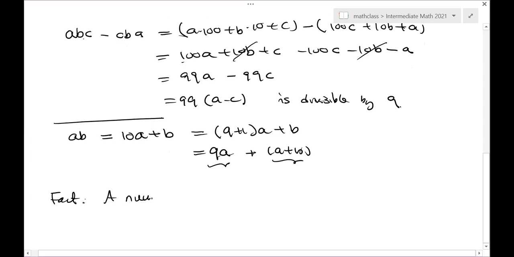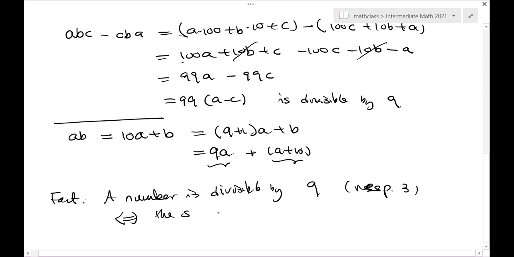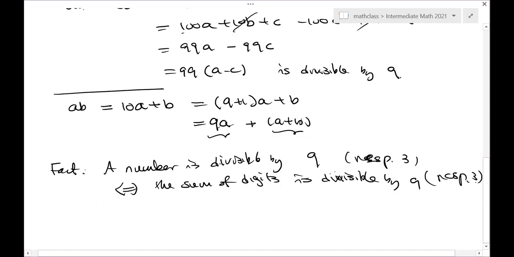A number is divisible by 9, or you can also say 3 respectively, if and only if the sum of digits is divisible by 9 or 3, depending on what the question is, right? Divisible by 9 or respectively 3. Okay. So if you change 9 to 3, then the same statement is true.